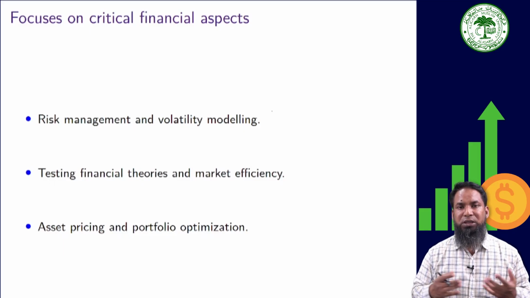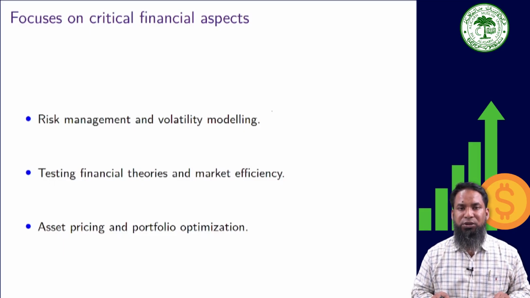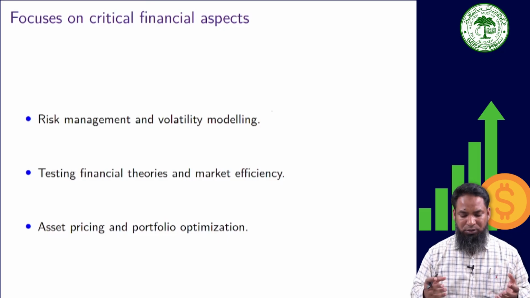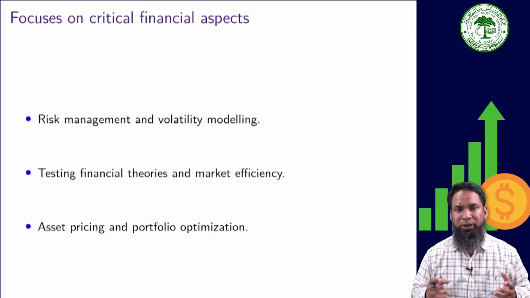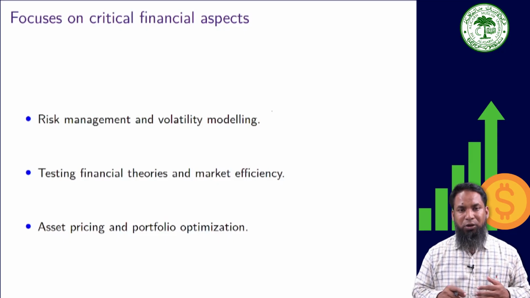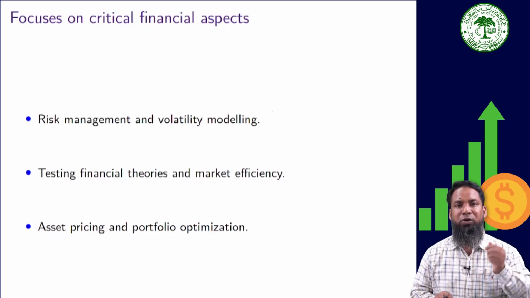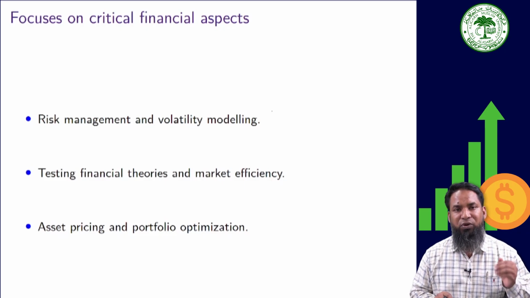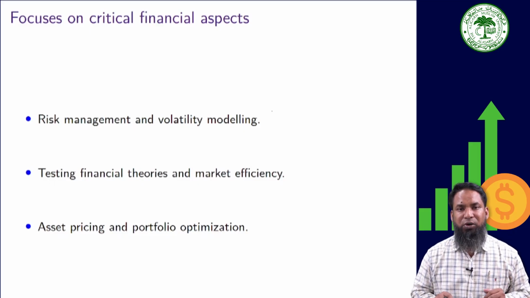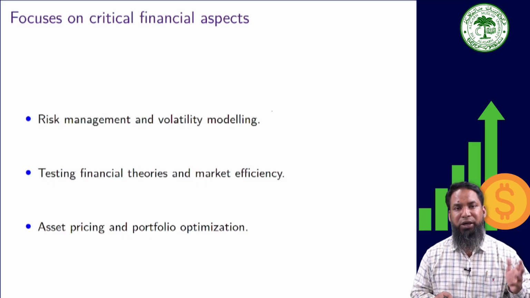We are not often concerned about the variance structure of the process or the data. However, in finance, most of the time, an important aspect is the variance structure of the series. For example, risk management, or what we call volatility modeling, emerges from there, where we are concerned about the variance dynamics, not the mean dynamics of the data.